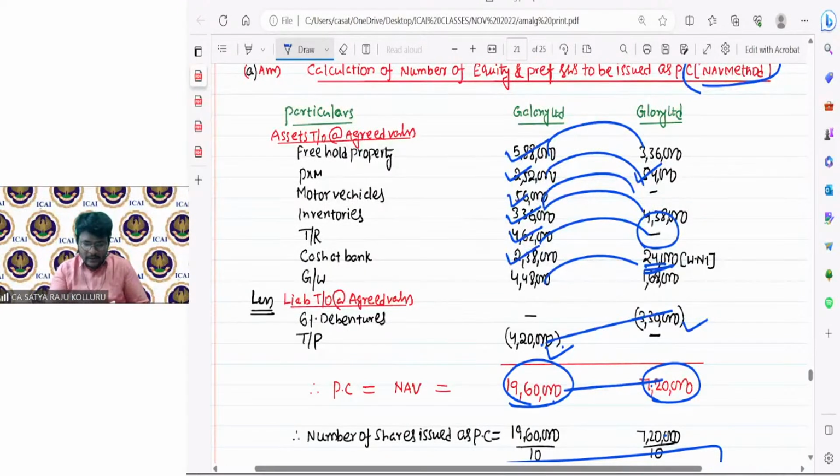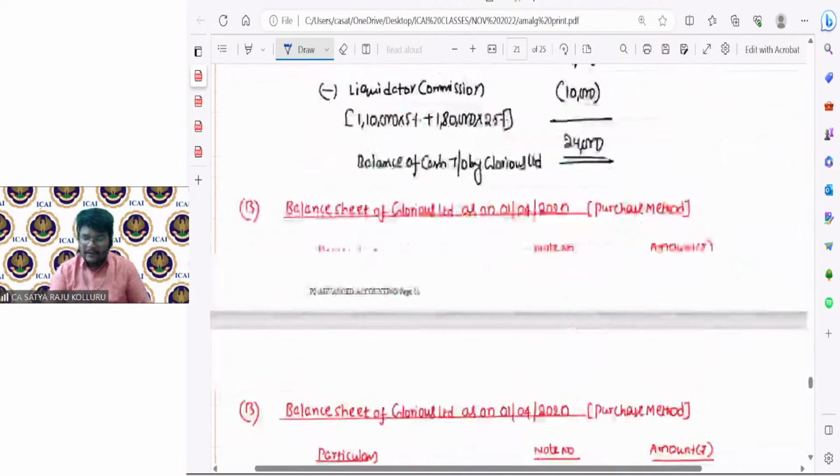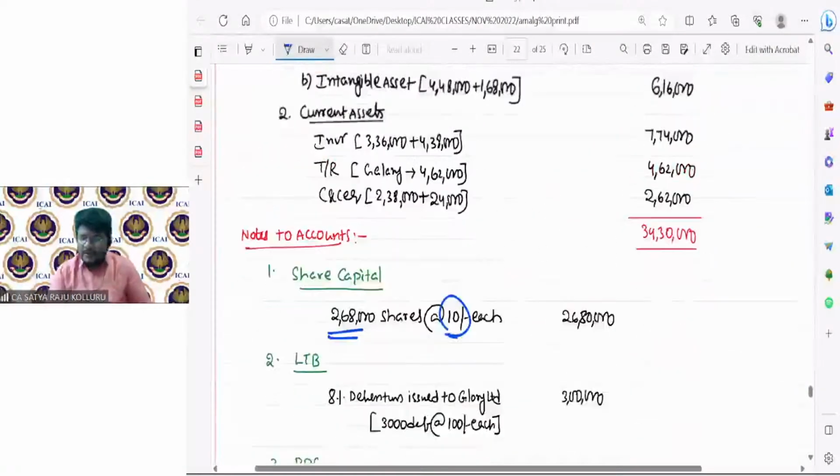So let me do that. 19,60,000 plus 7,20,000, I'm getting 26,80,000, plus 4,20,000, plus 3,30,000. Now I got the total of the assets, 34,30,000. Just the backward calculation I made, nothing else. So let me check the balance sheet total of the assets, 34,30,000.